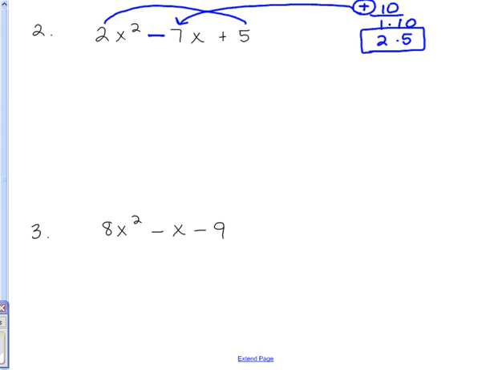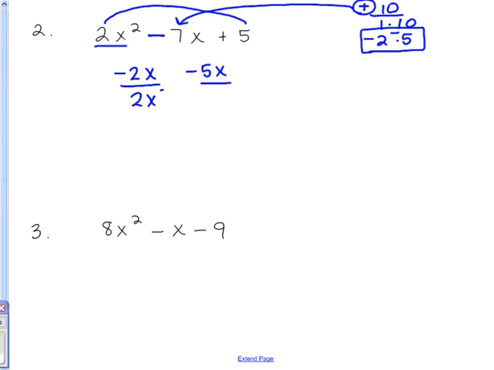So that means my signs will both need to be negative, because if I had negative 2x, we'll just go ahead and write that here, negative 2x and negative 5x, that would combine to give me negative 7x, and those two numbers would also multiply to give me the positive 10. Then you will divide each one of those by the leading term in the problem.